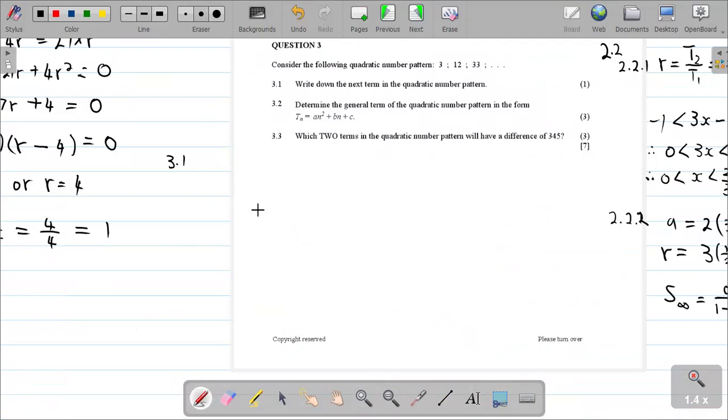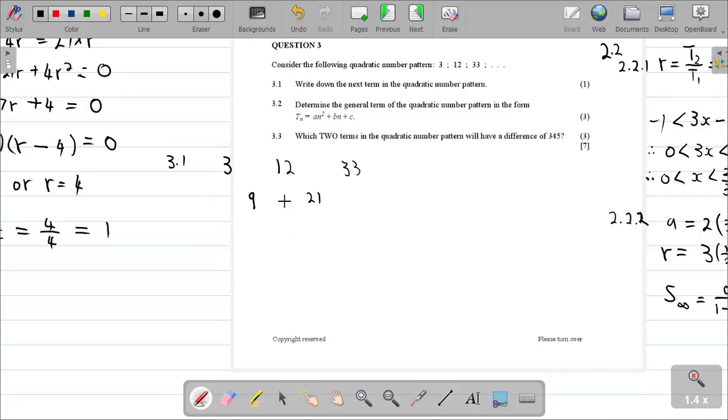Okay, now let's go to question 3. Consider the following quadratic number pattern. So we have 3, we have 12, and we have 33. So the difference here is what? If you subtract this, you get a 9. If you subtract this, you get a 21.